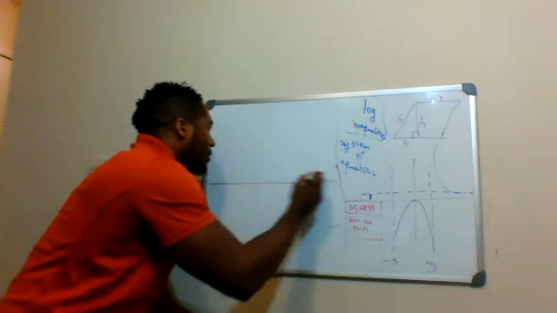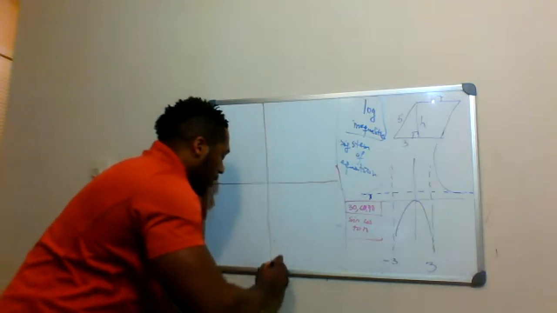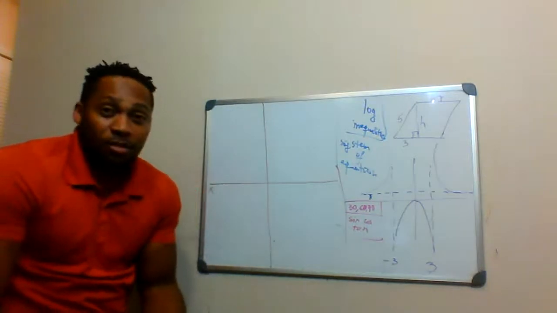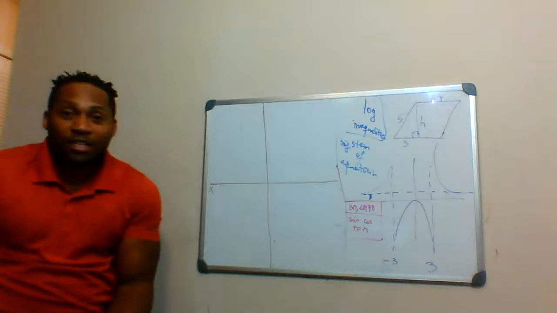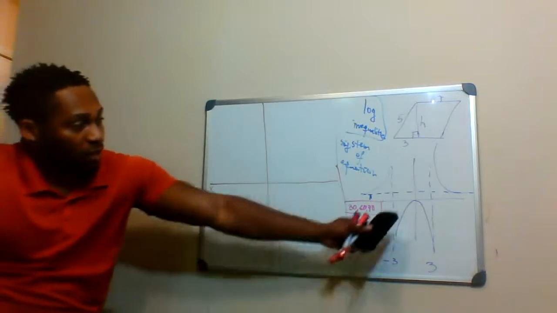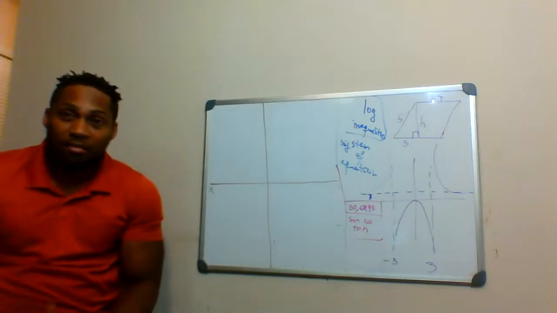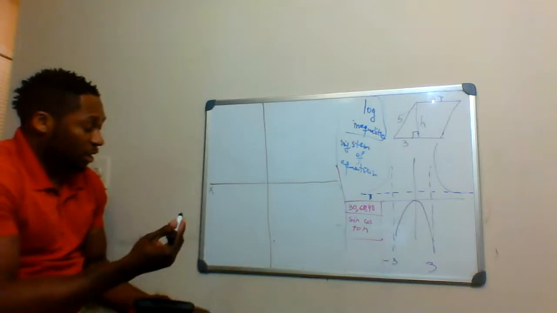All right, cool. So this is the x-axis. This is the y-axis. What we're solving here is we have the graph of a rational function, and we want to know what equation corresponds to it. So first of all, we're going to graph it the same way they give it to you.